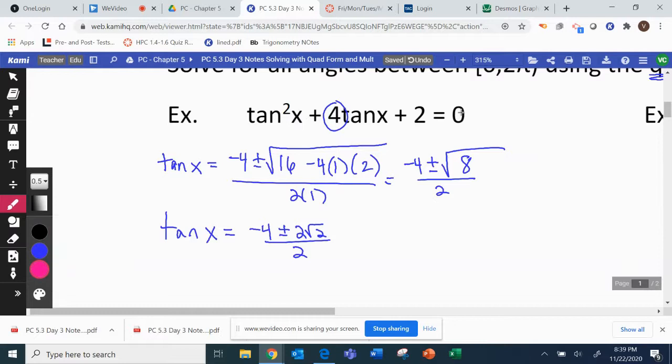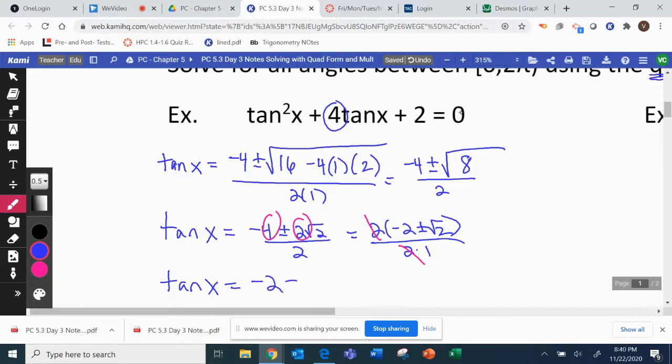I could factor out a 2 from the numerator and get 2 times (negative 2 plus or minus square root 2) all over 2 times 1. If you factor the number out, then you can cancel it. Otherwise, you can't cancel it. So I have tangent x equals negative 2 plus or minus square root 2.